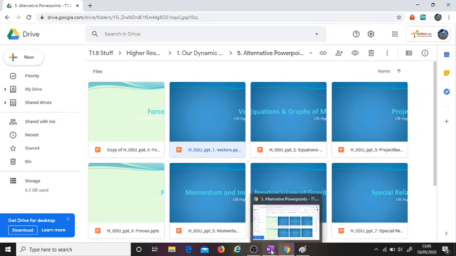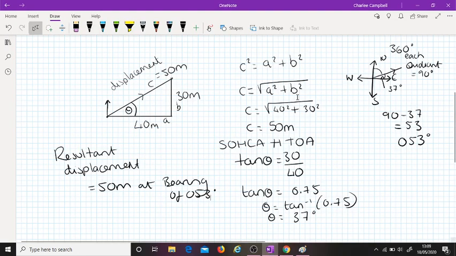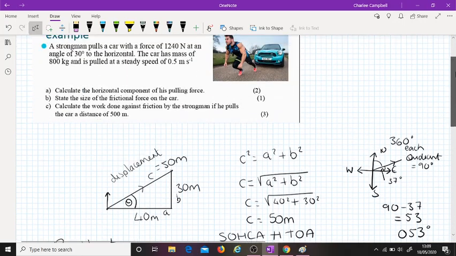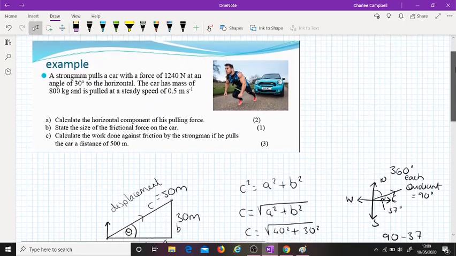Oops, that's okay, it's actually on here anyway. So if we come up here, let's just get rid of all that stuff.